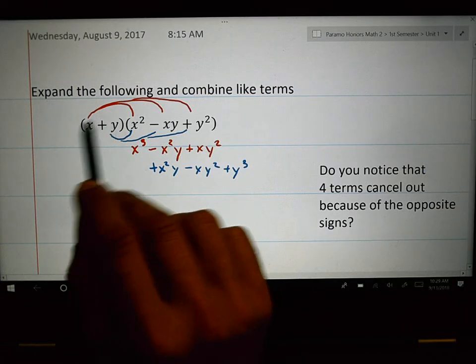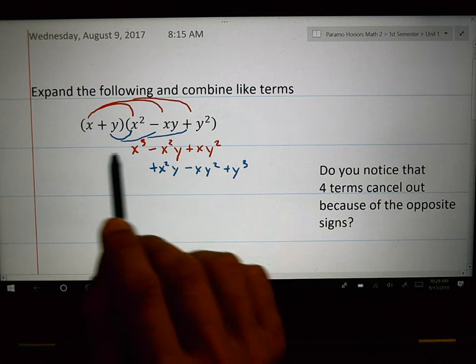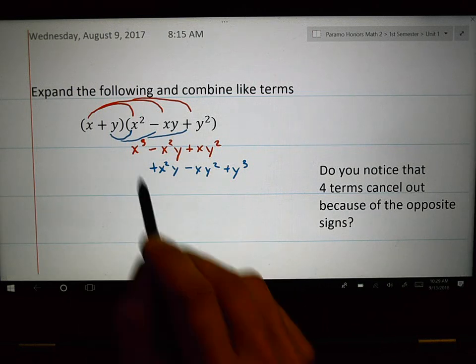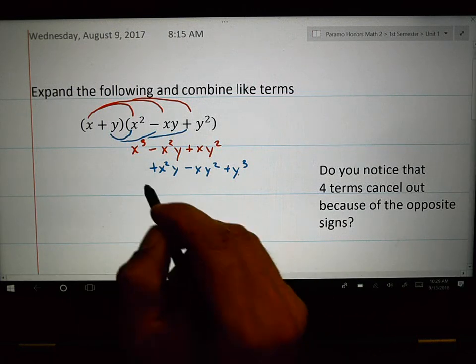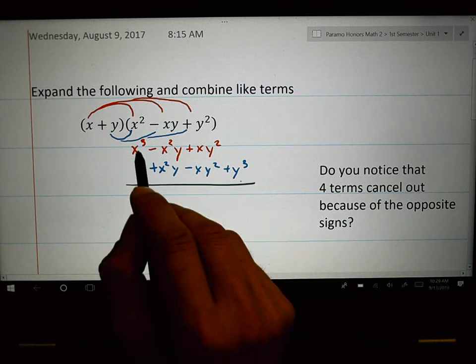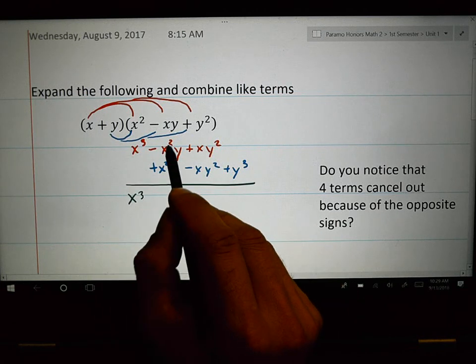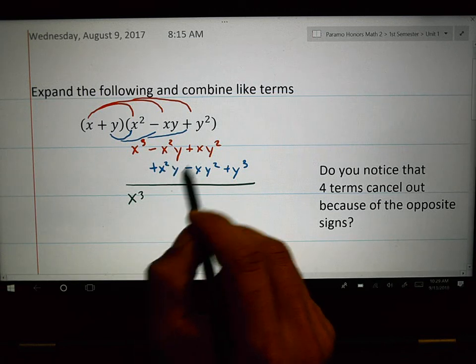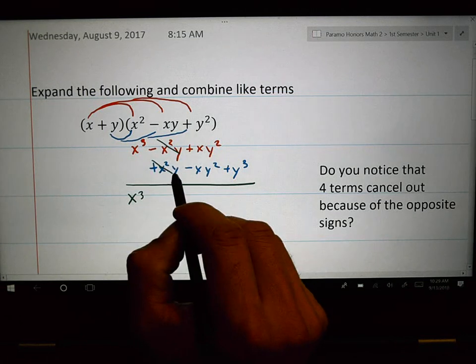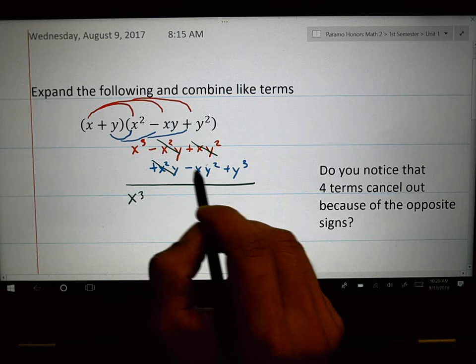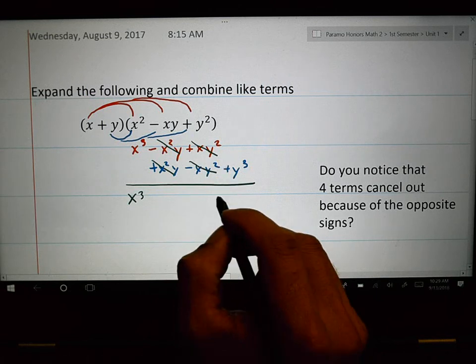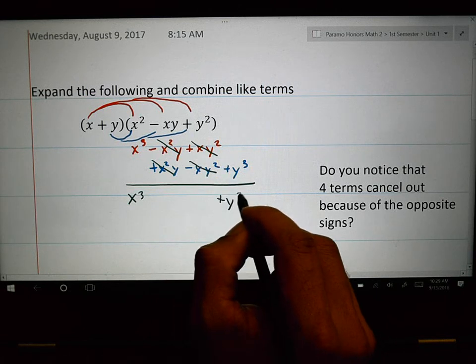So if you were to actually FOIL this out or multiply it all out, you would get these six things. Now let's put these six things together. X to the third. Adding these together makes 0. Adding these together makes 0. Adding things together makes y cubed.